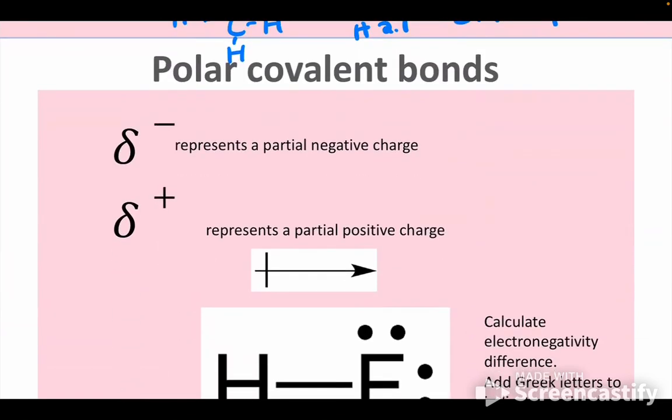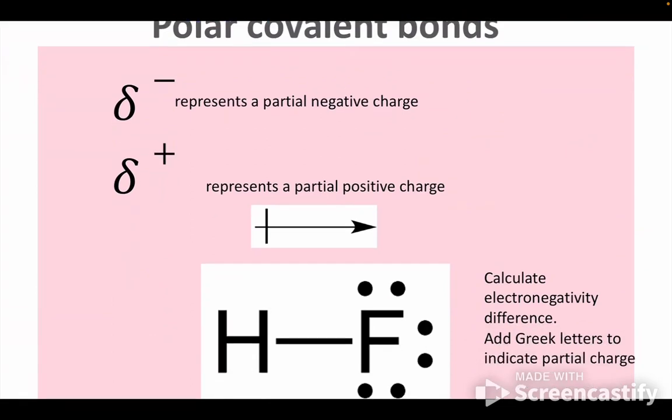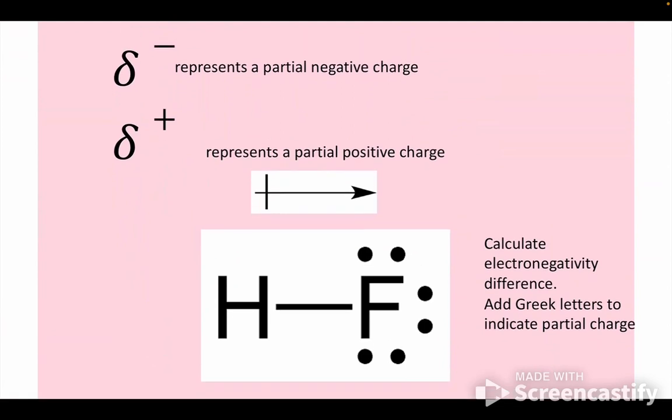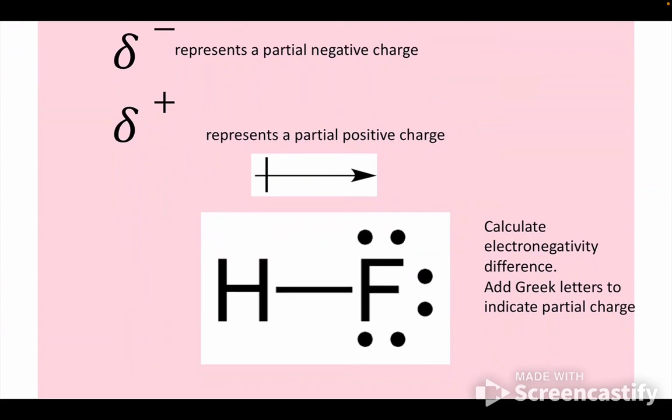We do use the Greek letter delta to represent partial negative and partial positive charges. We're talking about covalent bonds right now, so they're not ions, but they become partially, not completely, cations and anions. For example, here we have hydrogen, with an electronegativity of 2.1, and fluorine, at 4.0.